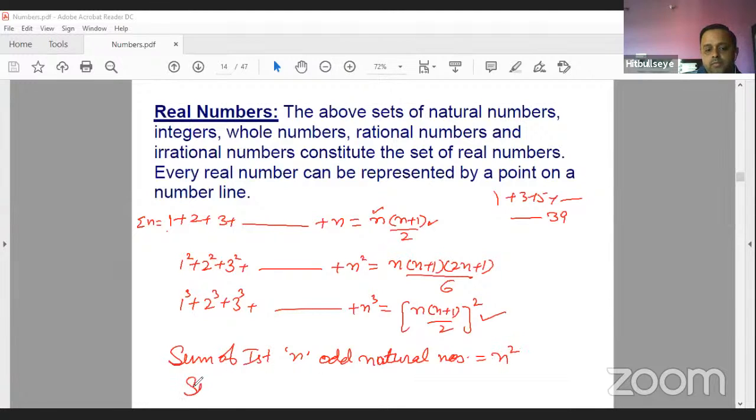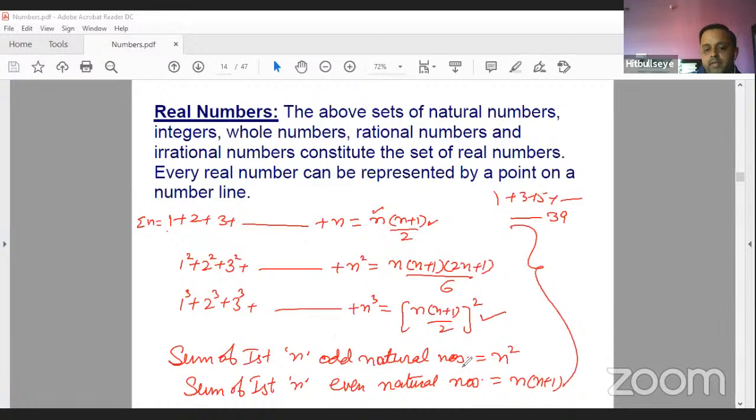And sum of first n even natural numbers is given by n into n plus 1. So these are some of the formulas which are helpful. Sum of first n odd natural numbers is given by n square. Sum of first n even natural numbers is given by n into n plus 1.